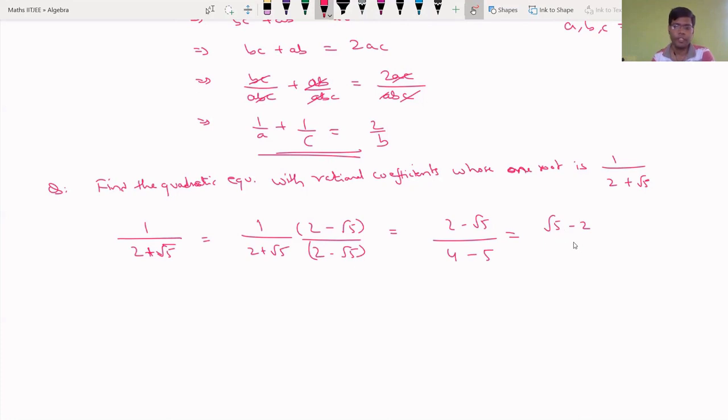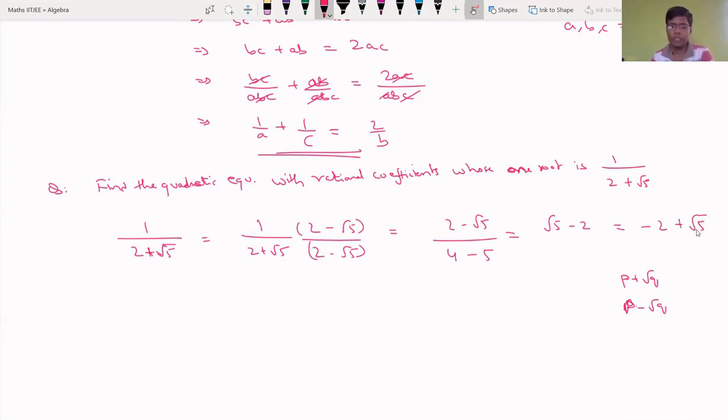So we have seen that if one of my roots is root 5 minus 2, then the other root will be the corresponding conjugate, in the sense the corresponding one with the negative sign. Just like we had, if p plus root q is a root, then p minus root q has to be the second root. So if I rearrange and write it properly, this will be minus 2 plus root 5.